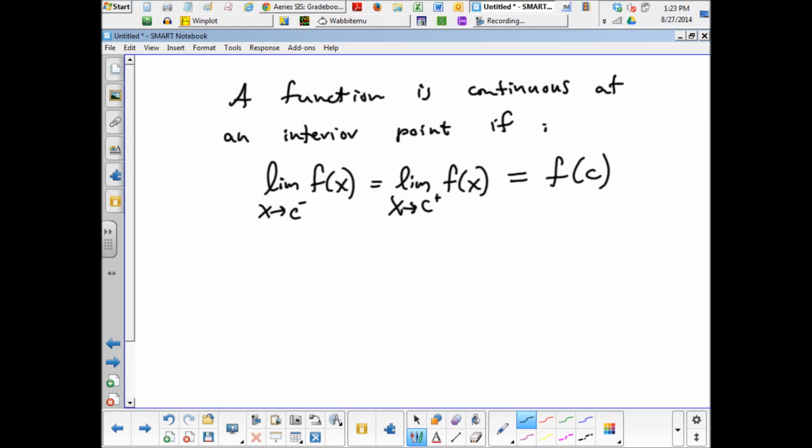If the AP test asks you to show that such and such is continuous at 4, you have to show all three of these things. So this is what we call a 3-part continuity test.